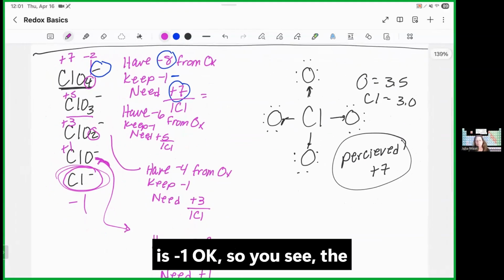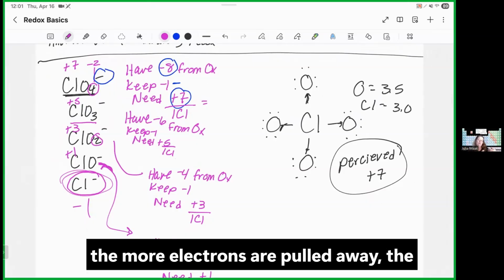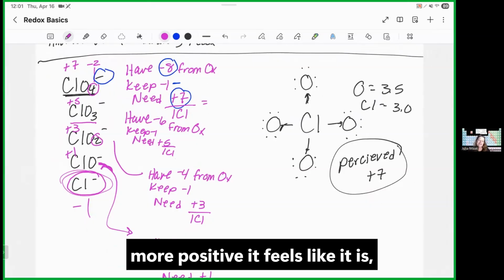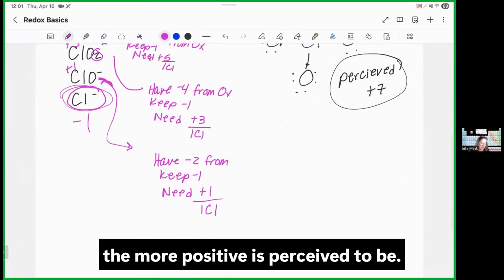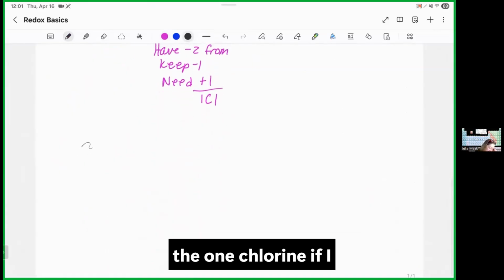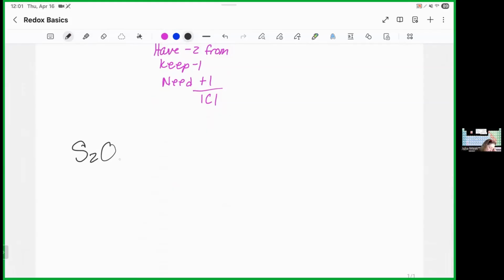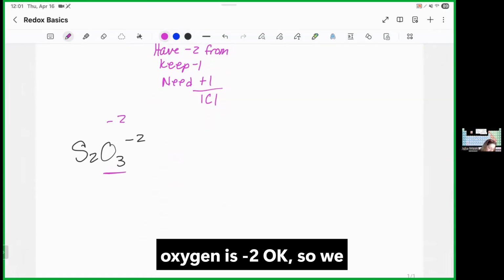Okay, so you see the more oxygens that are on that chlorine, the more electrons are pulled away, the more positive it feels like it is, the more positive it is perceived to be. Let me explain that dividing by the one chlorine. If I had S2O3 2-, okay, I know that we know oxygen is -2, okay, so we need to figure out the sulfur.